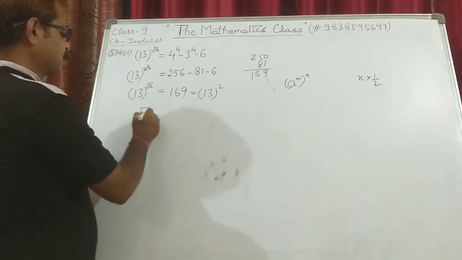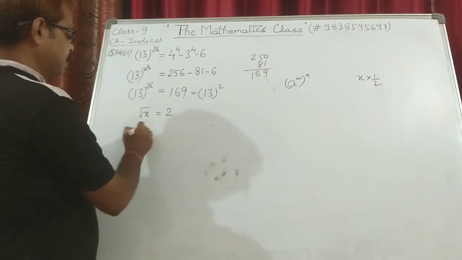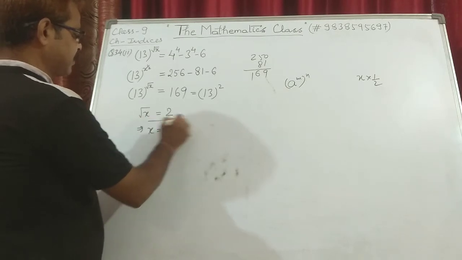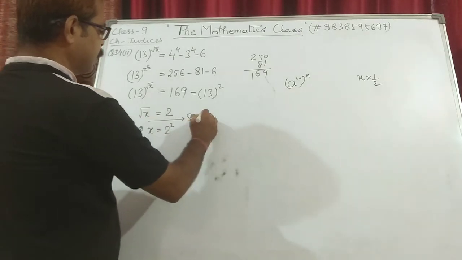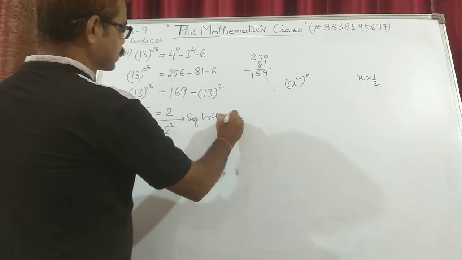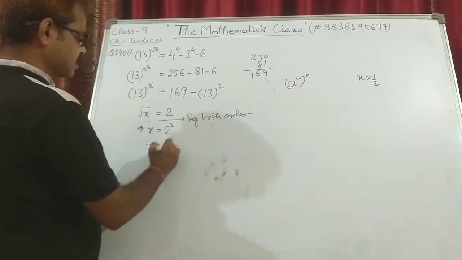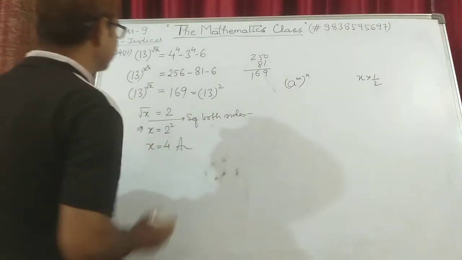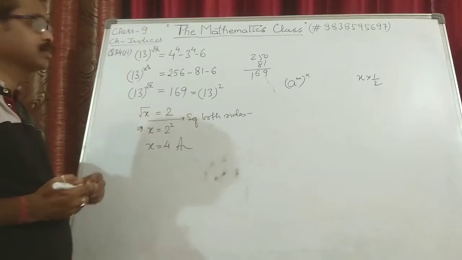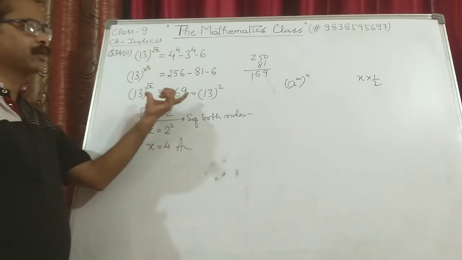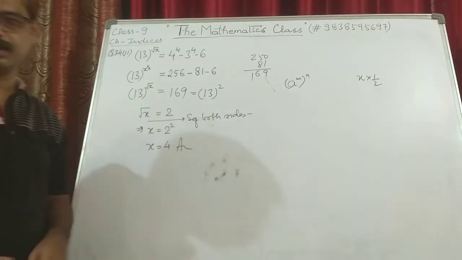It means root x is equal to 2, implies that x is equal to 2 squared; or simply, squaring both sides, we will get x as 4. That is the final value. No need to convert this, just solve it and you will find the value. Only you have to use the laws.